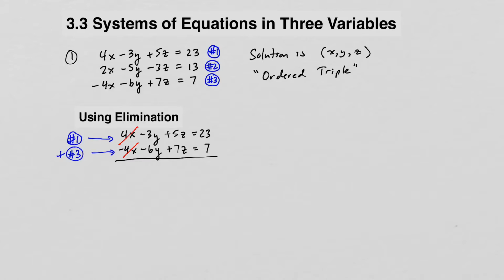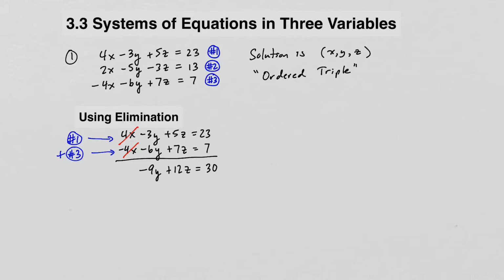And we get negative 3y plus negative 6y is negative 9y. 5z plus 7z is positive 12z. And 23 plus 7 is 30. So by eliminating the x, you can see now we have one equation that only has two variables.